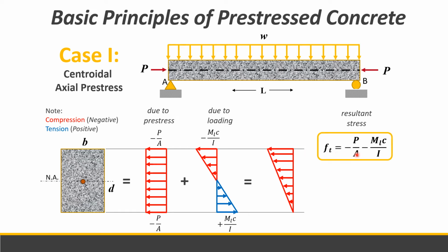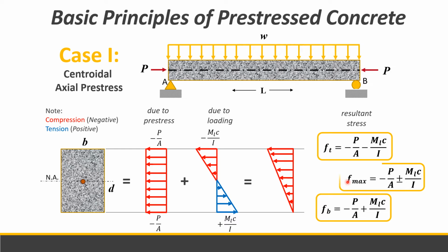At the top fiber, we have negative P over A minus MC over I. And at the bottom fiber, negative P over A plus MC over I. So we can denote the maximum stress at the top or bottom fiber of the section as negative P over A, due to the pre-stress, plus or minus MC over I, due to the bending stress from loading.